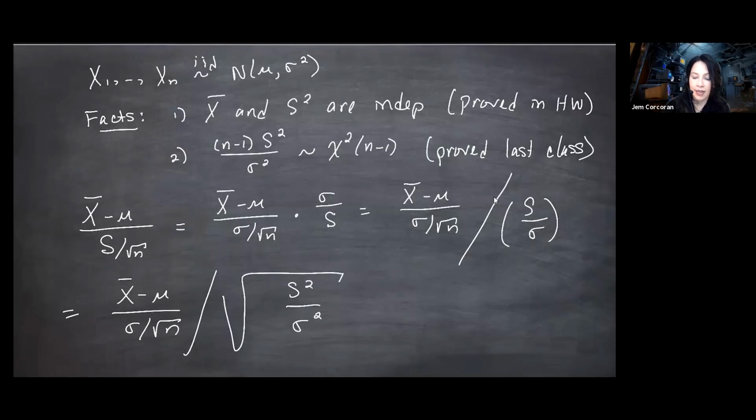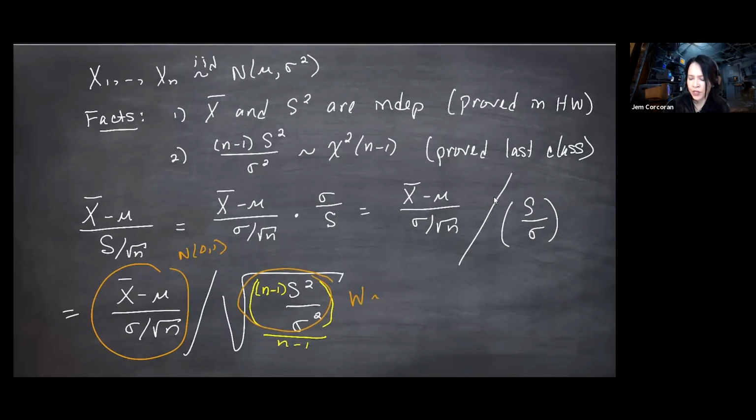And we showed last time that we didn't find the distribution of this s squared over sigma squared, but we did say that if you multiply by n minus 1, you know the distribution. So if you multiply that and then divide by that so you didn't actually change anything, now you can see our standard normal, which is like the z, our chi squared, which is like the w, but this chi squared does not have n degrees of freedom, it has n minus 1.